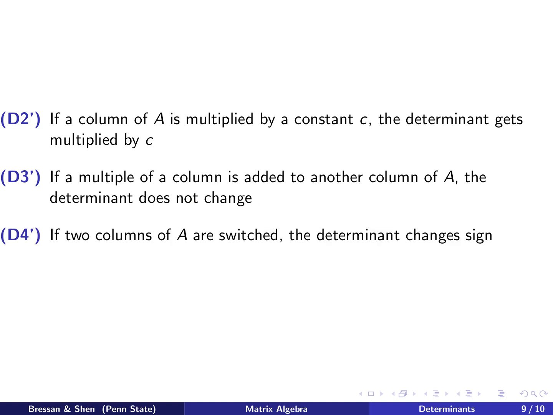And finally, if you switch two columns of A, then the determinant changes sign. So all these now become obvious once we realize that we can consider all the properties of A transpose, and coming back to A, they become the properties for operations on columns.